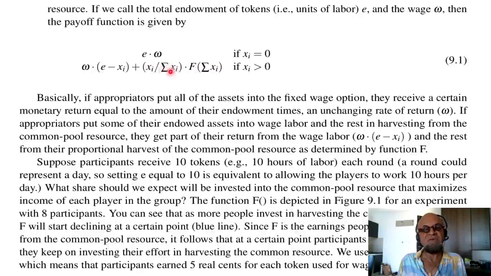So that's the sum here, and the payoff function that we mentioned. If x_i is 0, then your income is this complicated looking thing, but it's very simple. Wage times the time you put in, plus your effort compared to total effort times the return for harvesting the common pool resource, which is the amount of fish you catch and so on.